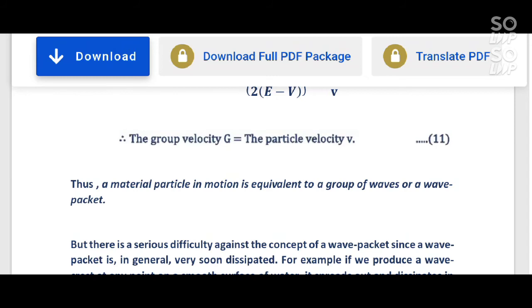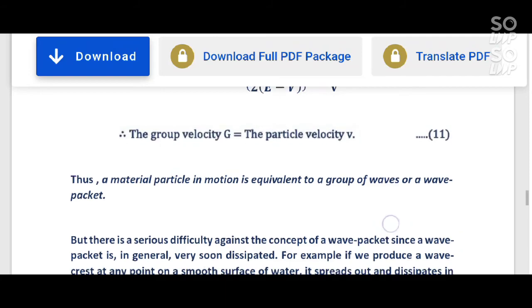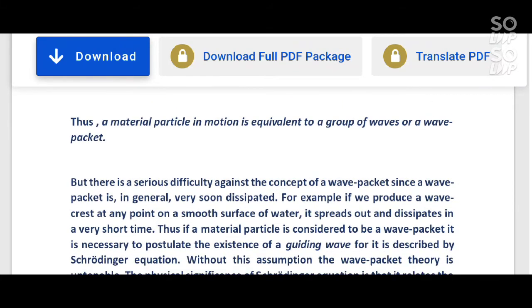Thus, if a material particle is considered to be a wave packet, it is necessary to postulate the existence of a guiding wave, as described by the Schrödinger equation. Without this assumption, the wave packet theory is untenable. The physical significance of the Schrödinger equation is that it relates the amplitude of the guiding wave to the probability of finding a material particle at a point.